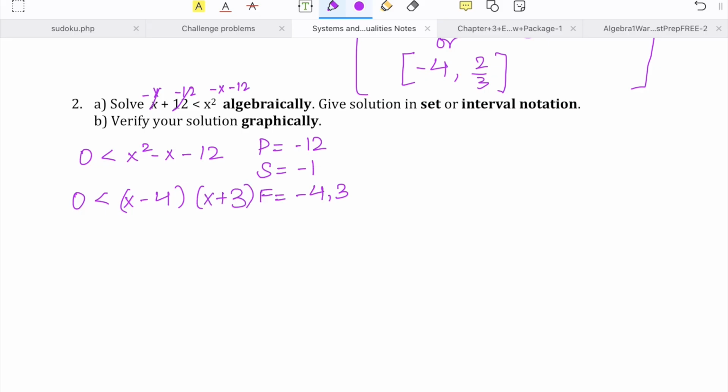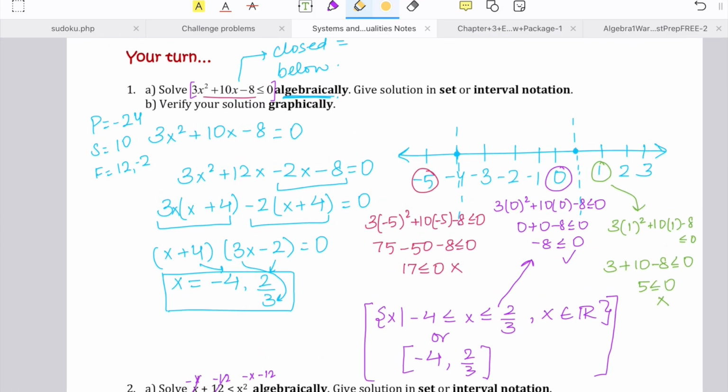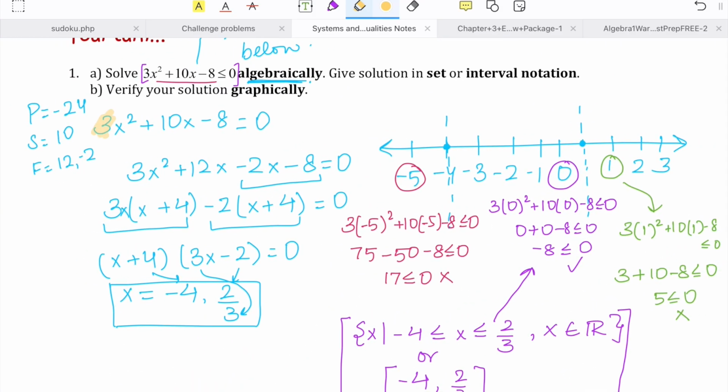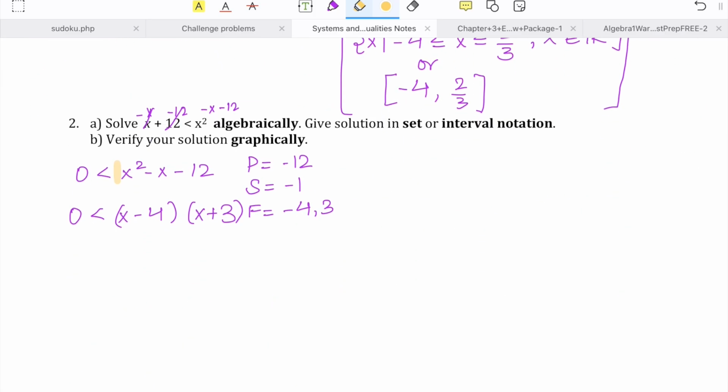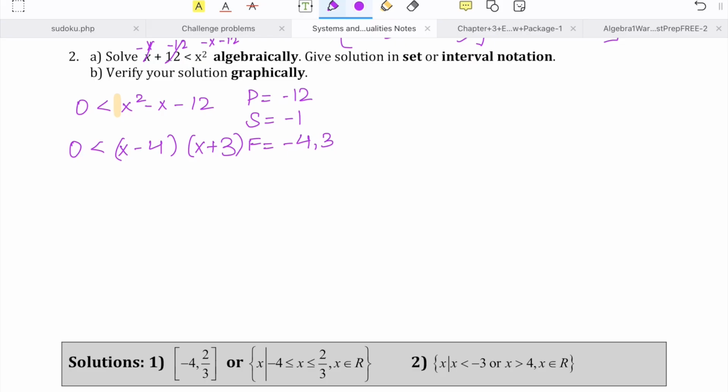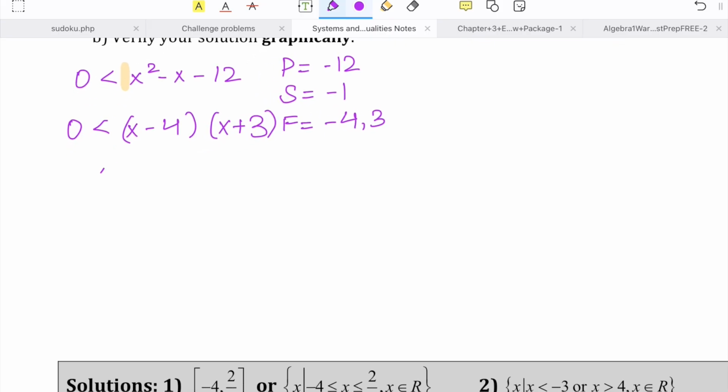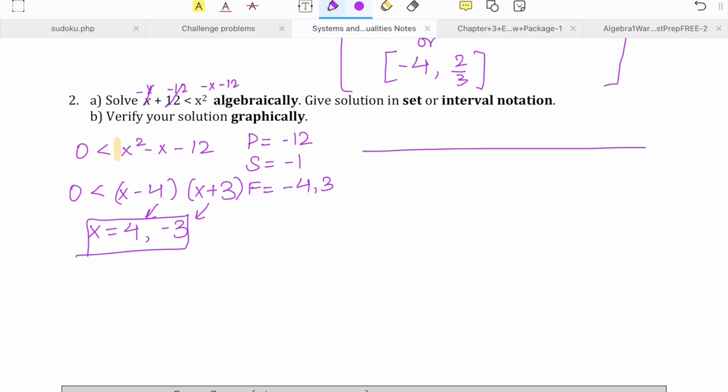The reason why I just plugged in whatever the factors were is because the coefficient is 1. In the question above, the coefficient was 3. That's why I did not directly plug them in. So that means x is equal to 4 and -3, just reversing the signs. Now I need to draw my number line to figure out what is part of the solution and what isn't.